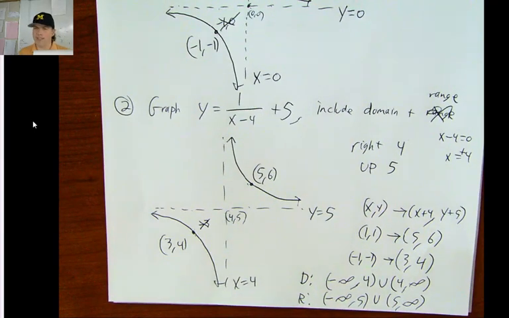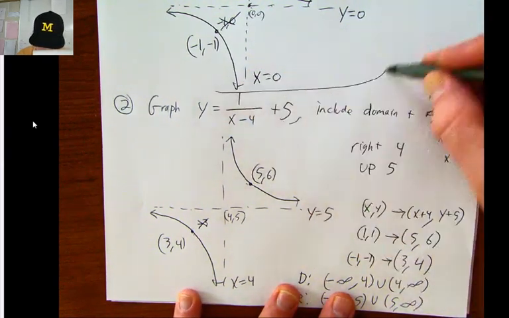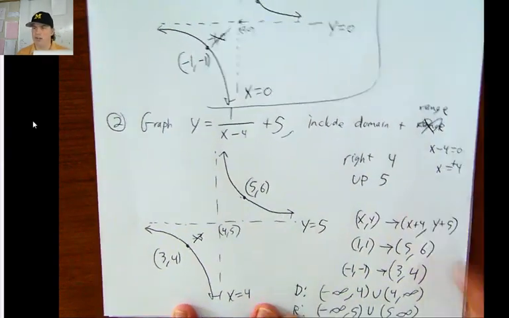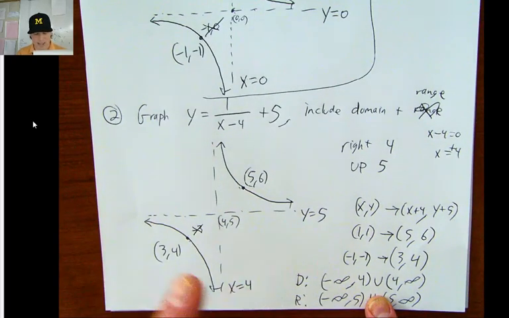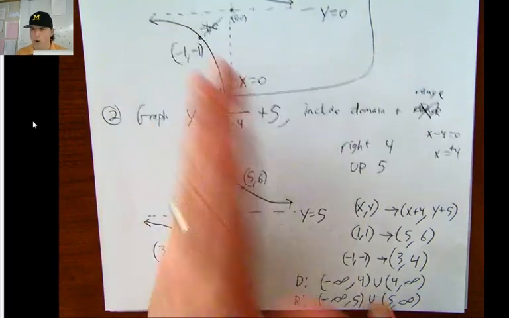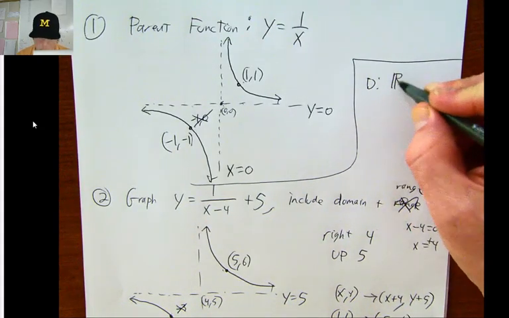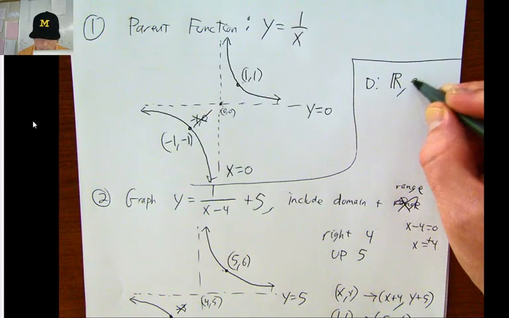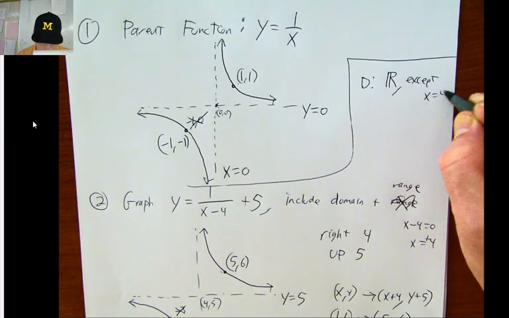And at some point, I talked about when you're doing domain and range, you could answer it like this. But in this particular case, because it works everywhere except for 4, you could also answer it like this: that the domain is all real numbers, except x equals 4.